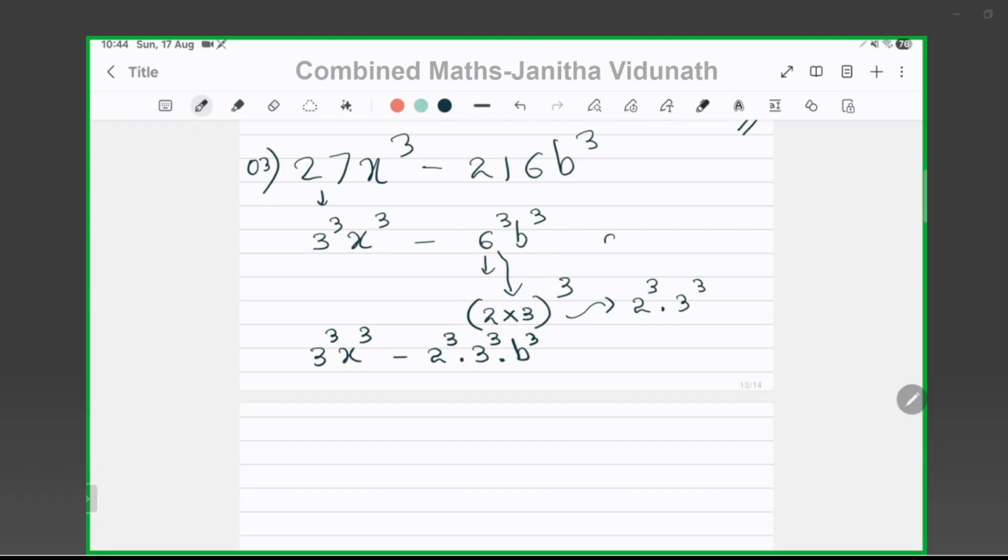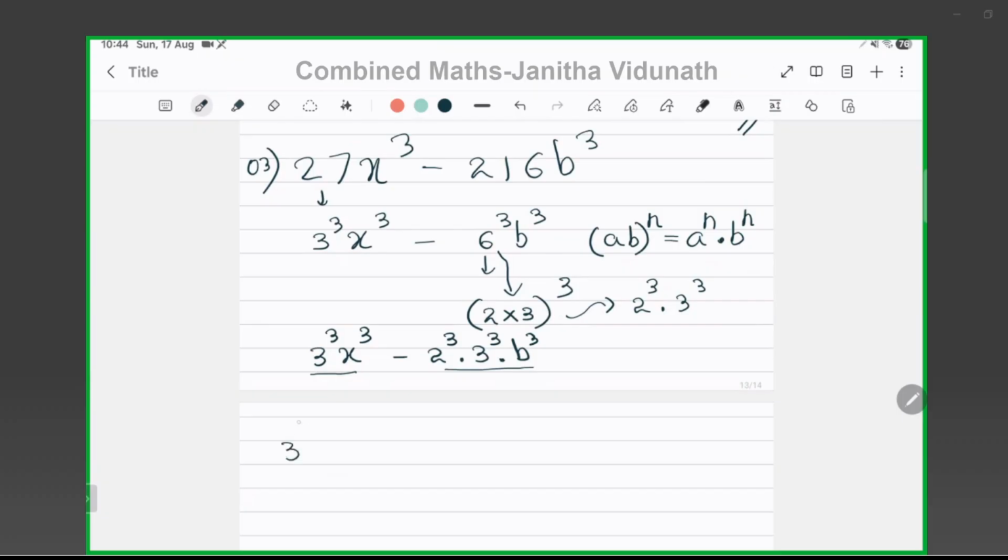That means a times b to the power n means a to the power n times b to the power n. Now, when we see these two terms, we can see 3 to the power 3 is common for both terms.